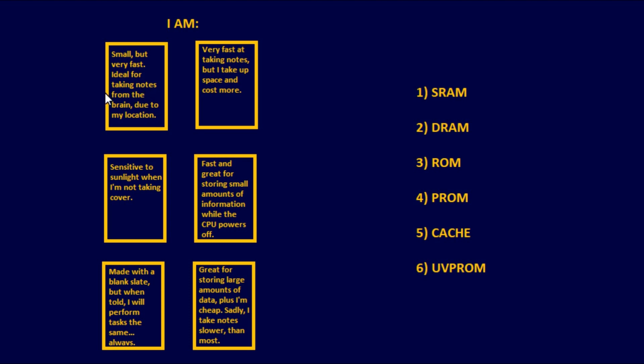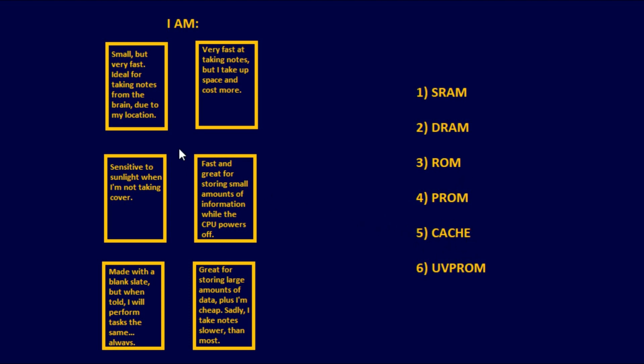All right, so let's look at what we got. It's relatively small, it's very fast, and it takes notes. Well, takes notes, the first thing that comes to mind is RAM, because RAM takes notes from the microprocessor or the CPU, and the CPU is also known as the brain. So right there, I'm thinking of RAM. So it's either 1, 2, or 5, because like we talked about, 5 is a little bit deeper in the weeds as far as RAM.